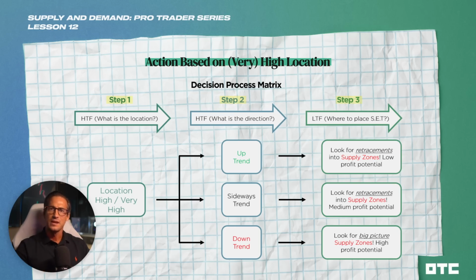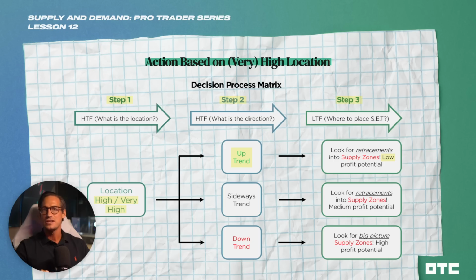For example, if our LTF supply zone is positioned high or very high on the chart in relation to the HTF, and the HTF direction is in an uptrend, then our profit margin would be low, as we would essentially be trading against the trend in a supply zone.